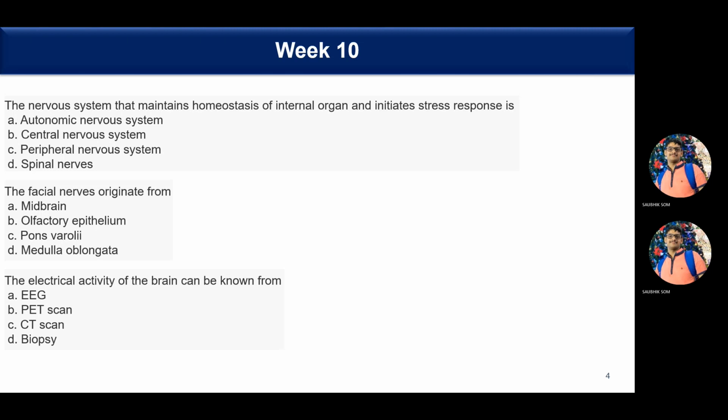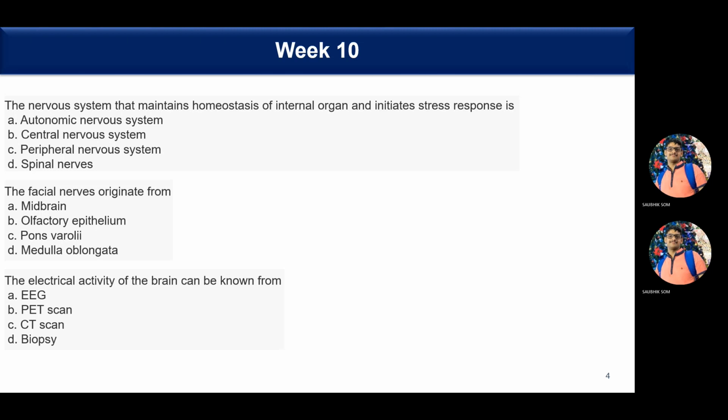Olfactory epithelium is not correct because that is for smell. Midbrain is also not the correct answer, as the oculomotor muscles and those things are there. So it's the pons varolii. The correct answer is the pons varolii.